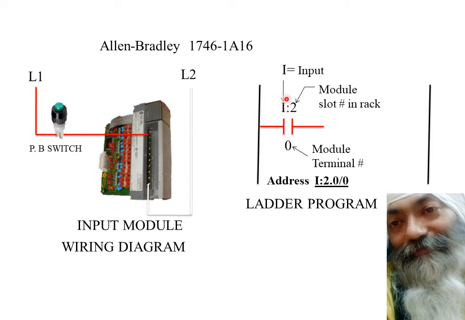In this particular case, its address will be determined as I colon 2.0 slash 0. So 2.0 is the slot number, and slash 0 means the module terminal number. This is how the address will go in the PLC program, what we call the ladder program. You can very well see that it looks like a capacitor, but it is not a capacitor, it is an input, and this input is what we call normally open.